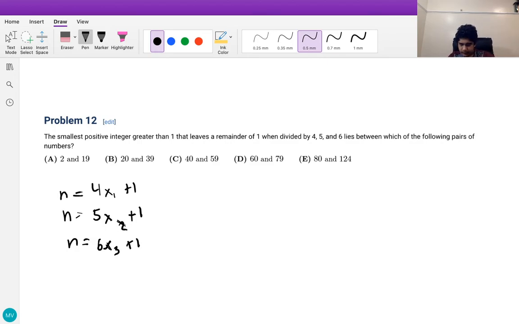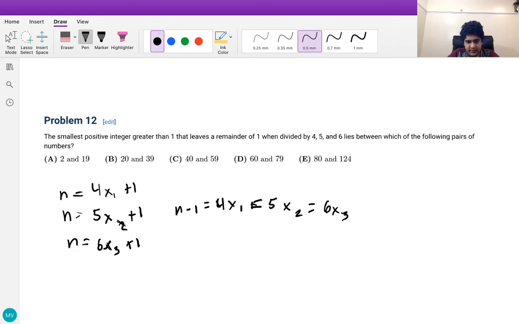So, now that we know that n can be expressed in these ways, we look at n minus 1. We have n minus 1 is equal to 4 x sub 1, and it's also equal to 5 x sub 2, and it's also equal to 6 x sub 3.